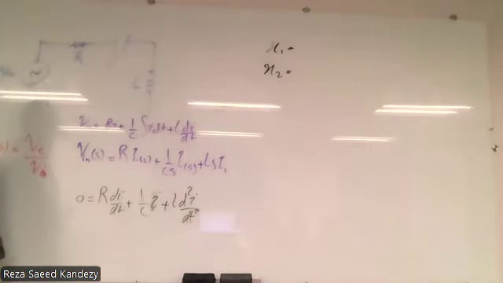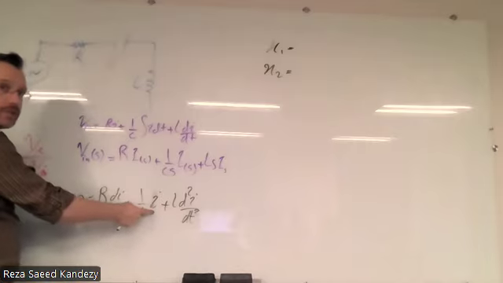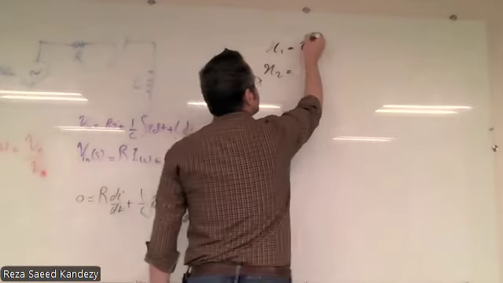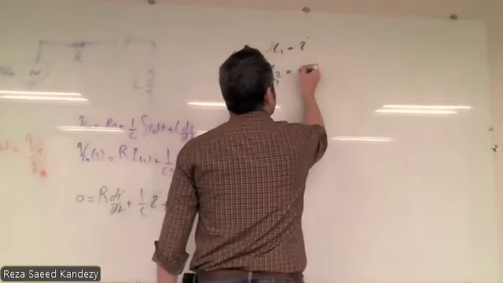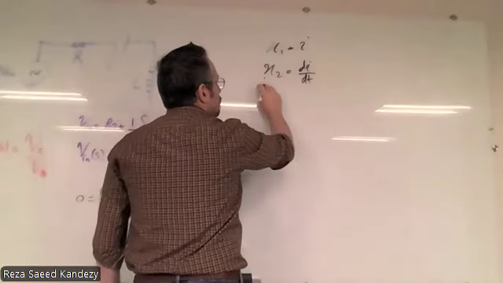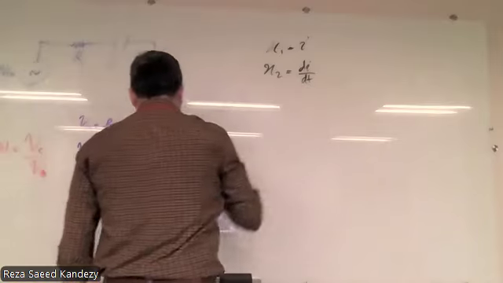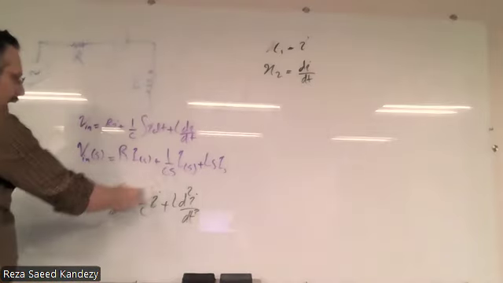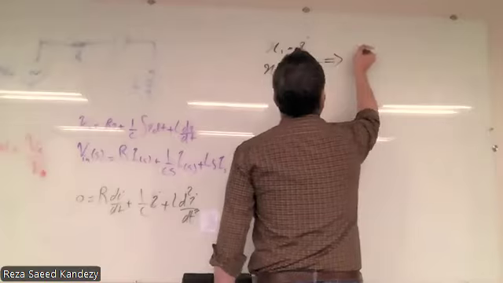We name x1 as our variable inside the circuit, so it's going to be current. And x2 is the differential of that, so it's going to be di over dt. Now we have our system, the state variable.